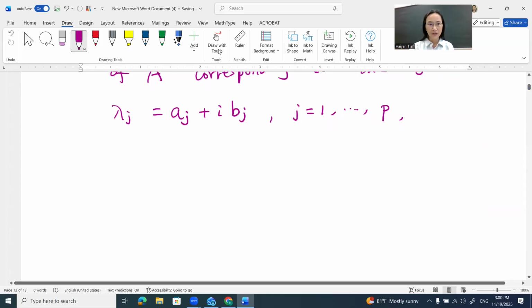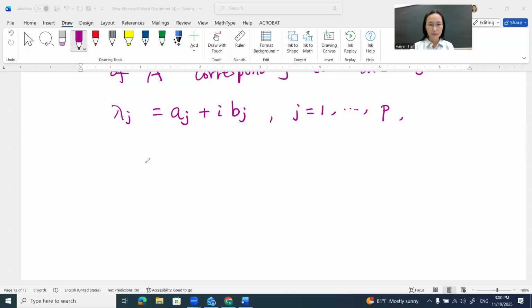Let's recall, this is just a remark: for A, which is a real valued matrix, whenever you have a complex eigenvector corresponding to a certain eigenvalue lambda, then let's take the conjugate. We start with Av equals lambda v.